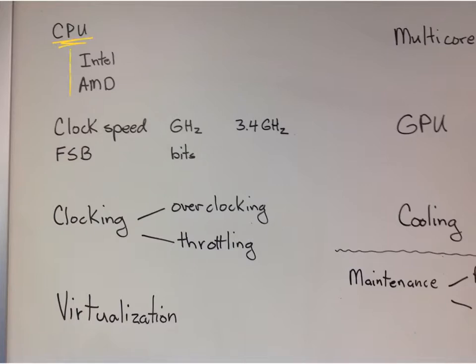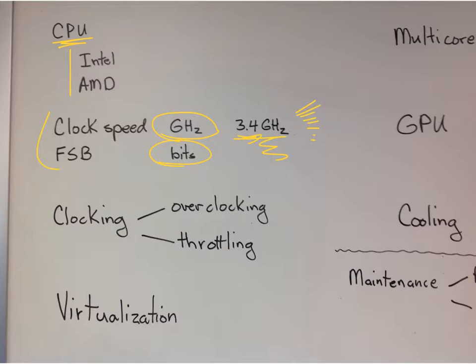CPU, a couple major companies, Intel, AMD. Clock speed, front side bus, how many bits, and how many gigahertz. We looked up machines in the room, 3.4 gigahertz. Clock cycles, how many cycles it can perform per second. This is a lot.